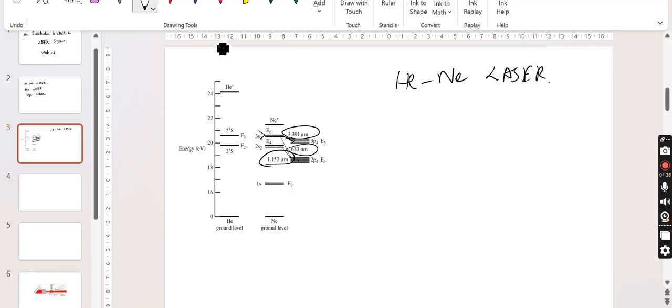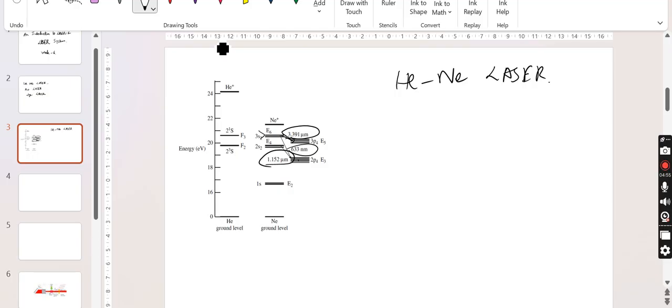So basically the helium neon laser consists of a long and narrow discharge tube, about 2 to 8 millimeter in diameter and 10 to 100 centimeter in length, which is filled with helium and neon at a typical pressure of 1 torr.